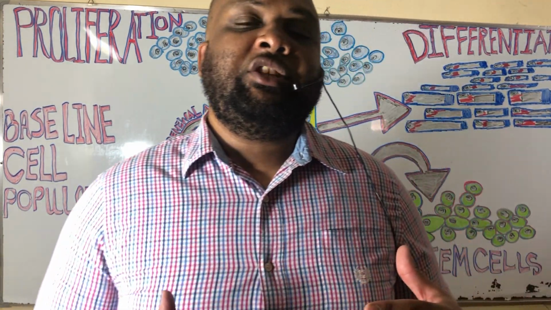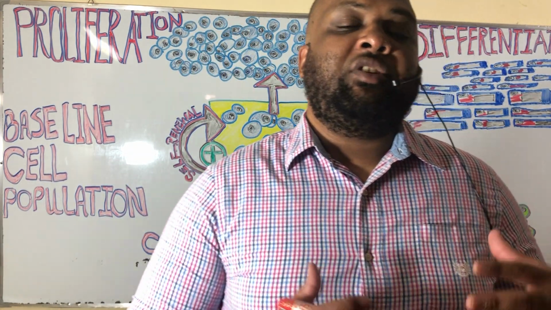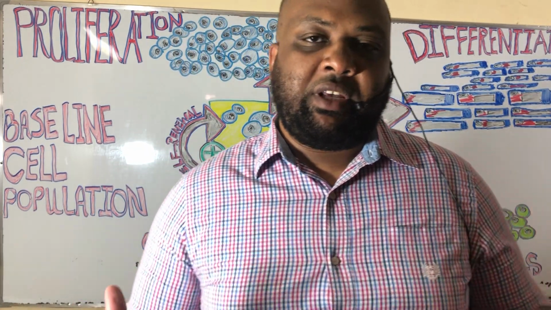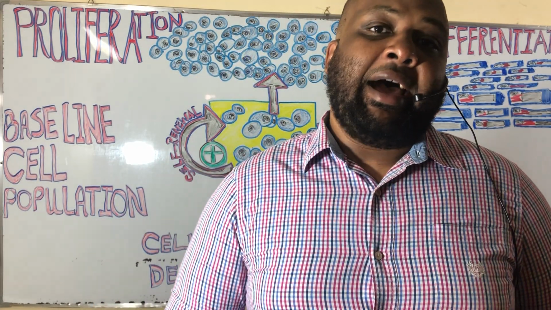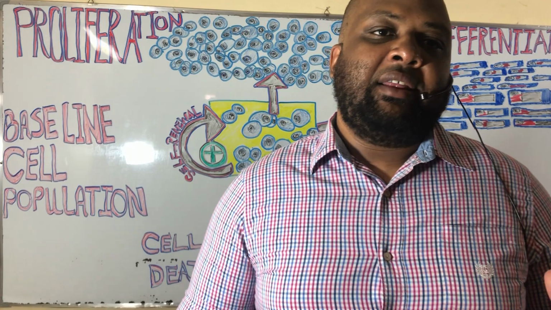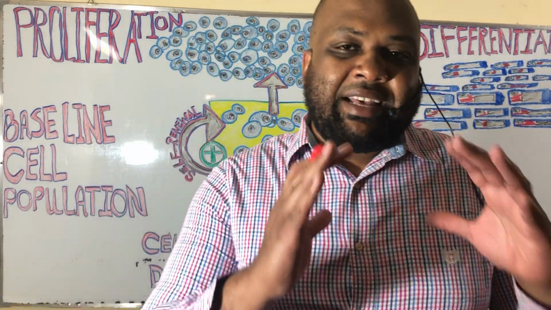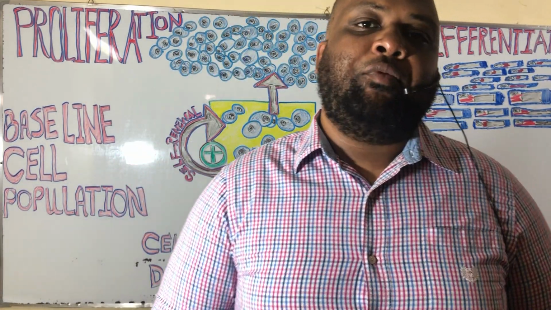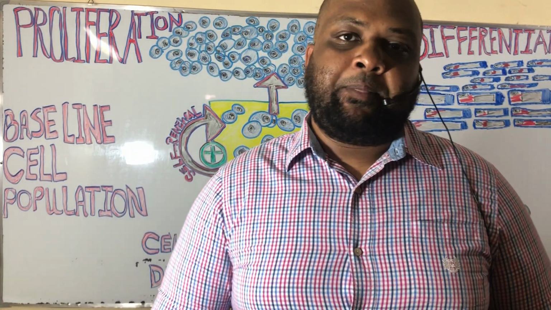So in differentiation, you had a primordial cell that differentiated into a more mature, a more structurally efficient, and a more functionally active cell. But here in proliferation, we have cells that just increase in number, but they are from the same nature and in the same form. And we see proliferation, for example, in healing.